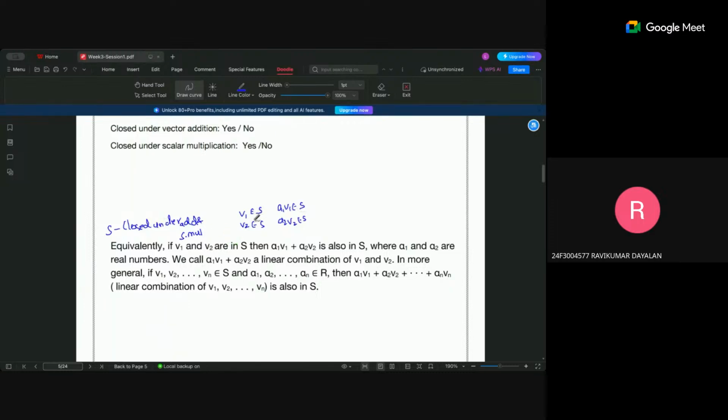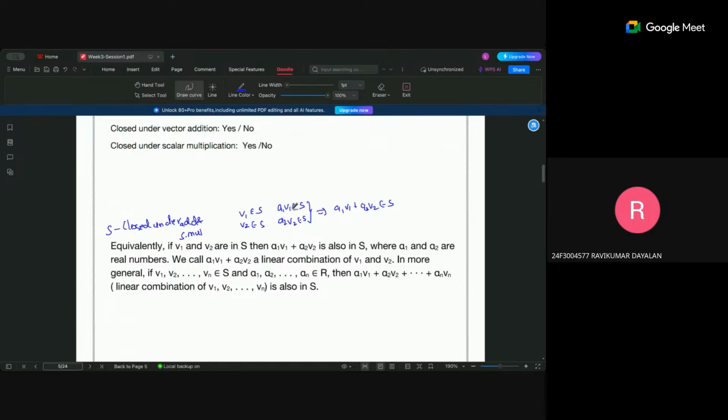Then you know that this property is because of scalar multiplication. Then because of vector addition, I know that a1 v1 plus a2 v2 will also belong to S. So if these two are there, then we can straight away write that this is also in S. This is called a linear combination of these vectors v1 and v2.